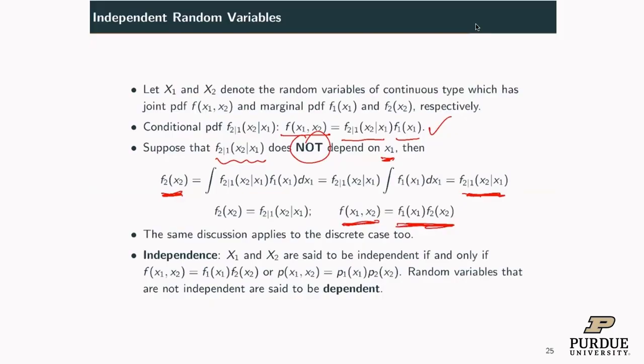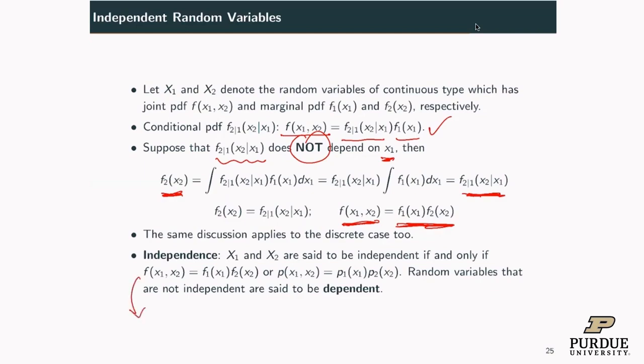So that means x1, x2 have no relationship. If you know x1, it does not affect anything. That's the motivation by which we define independence. x1, x2 are said to be independent if and only if the joint distribution is the same as the product of the marginal distributions. So the joint PDF is equal to the product of the marginal PDFs, and the joint PMF is the product of the marginal PMFs.